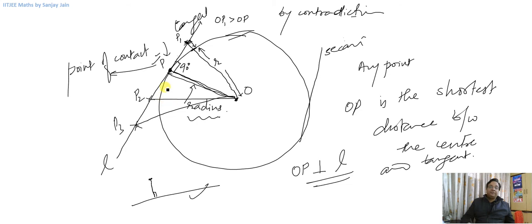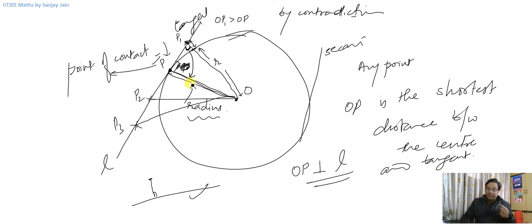Another way can be that you consider that this is not 90 degrees for a moment, and you consider this angle to be 90 degrees, because then if it is not 90 degrees, there has to be some other point where it will make an angle of 90 degrees with the radius. So let it be the 90 degrees angle. Now you can use the contradiction. How? Because if now this is 90 degrees, then the side opposite to it is the hypotenuse, and it has to be the largest side.